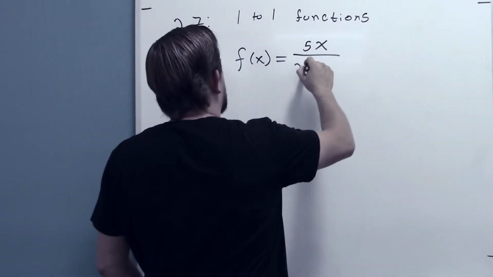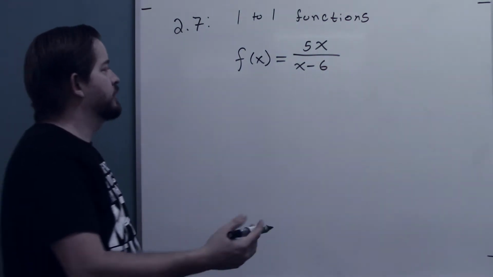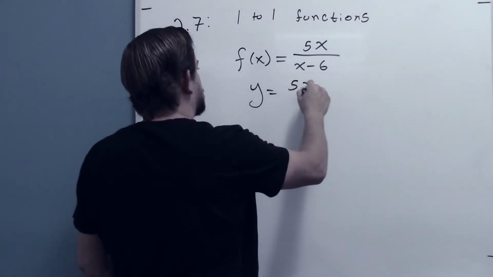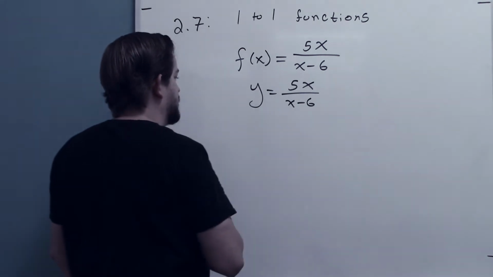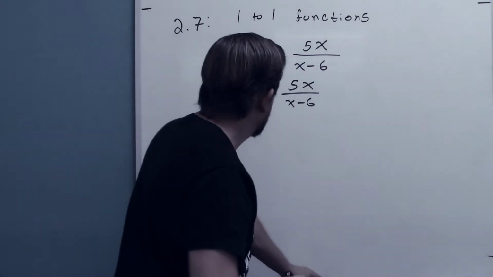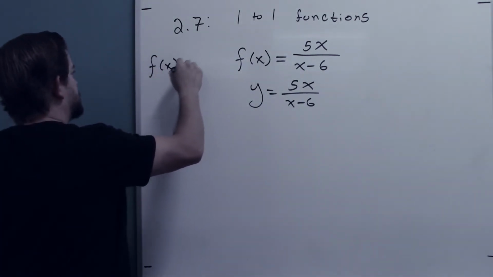And this one's a little bit more involved because there's two x's in the right-hand side. But I'll go through the same process, write it as y equals 5x over x minus 6. Replace my x's and my y's.